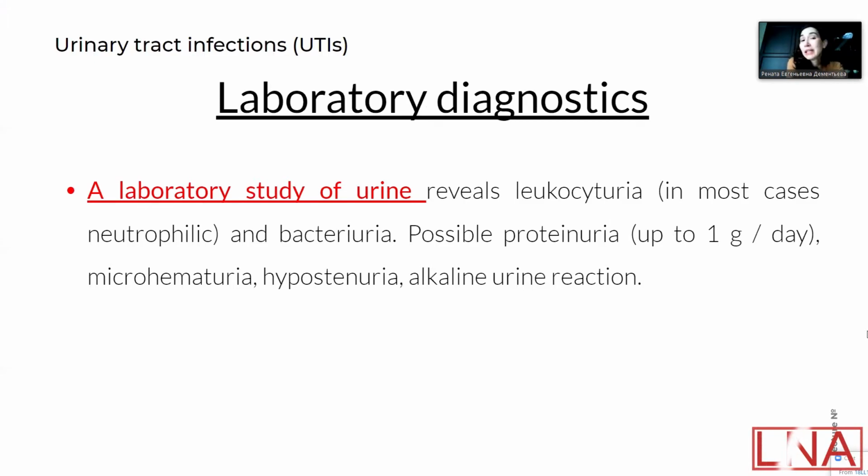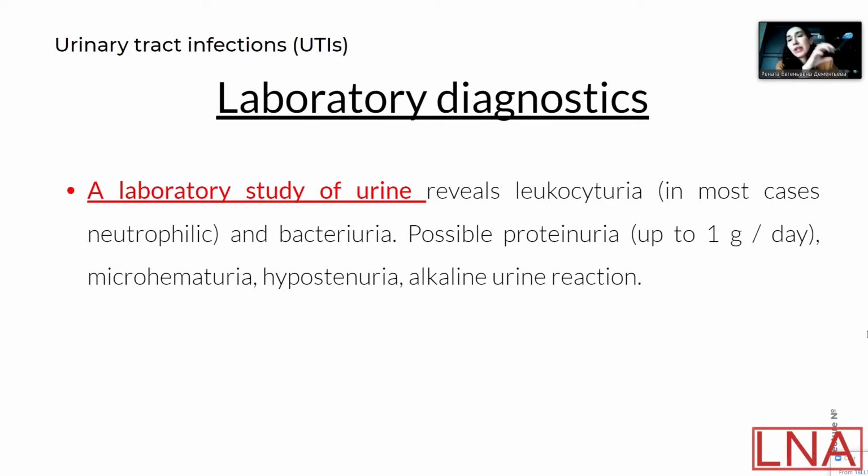In most cases, neutrophilic genesis of inflammation, practically absolutely the same, and presence of bacteriuria. Possible proteinuria, but a small volume of proteinuria, the presence of proteins in the urine analysis up to 1 gram per day, and really it will not be real proteinuria; it will be proteinuria associated with the presence of white blood cells and red blood cells in the urine analysis, because they are also protein structures. Microhematuria can be due to desquamation of epithelium in case of inflammation.